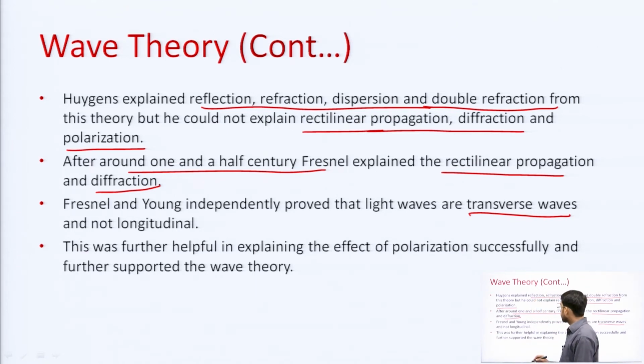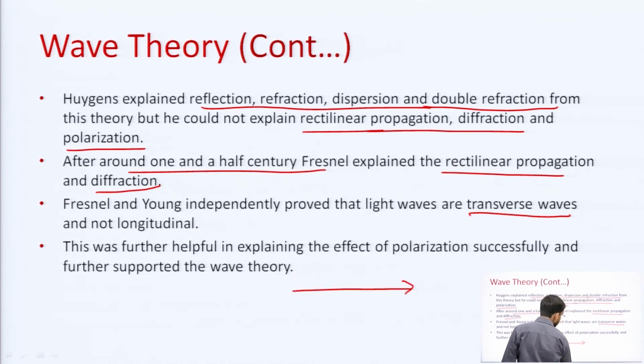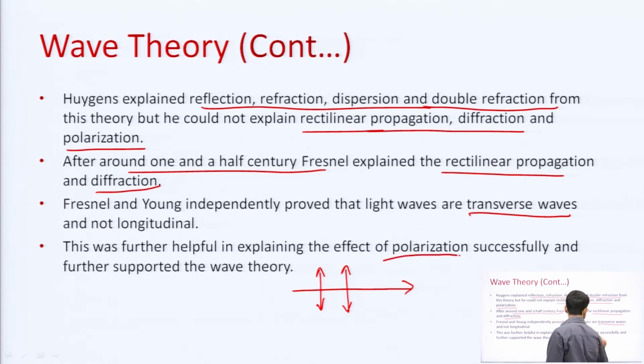So, if a transverse wave is moving in this direction, then how will medium particles vibrate? Like this. Such a wave is called a transverse wave. So, they explained that light is a transverse wave.